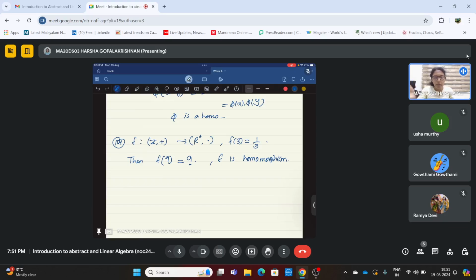So f is a given map from Z to R plus under multiplication with f of 3 given as 1 by 3. Then what is f of 9, if f is given as a homomorphism? You can do the calculation. A similar kind of question we have done already, so you can do the calculation quickly.